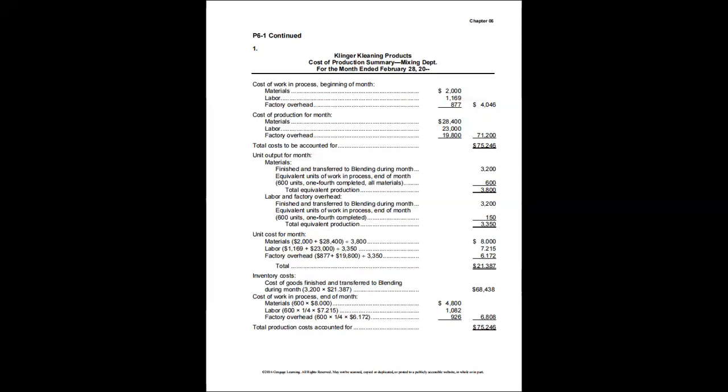Then here, 150 units is the equivalent production. For the unit cost is 7.215, and for factory overhead, we have the cost of 926. So the total cost accounted for is now equal to the total cost to be accounted for.